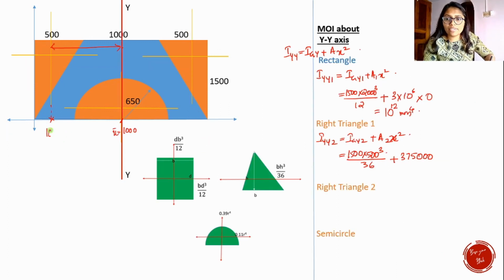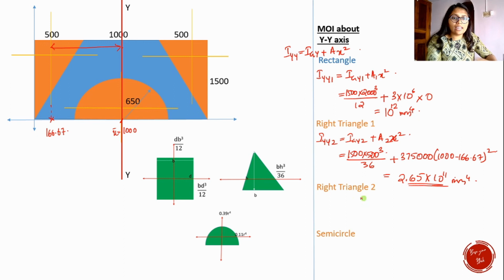So here it is 166.67. So the x value is the difference between this yellow line and red line, isn't it? So 1000 minus 166.67, the whole square, and the value is about 2.65 into 10 raised to 11 millimeter raised to 4.